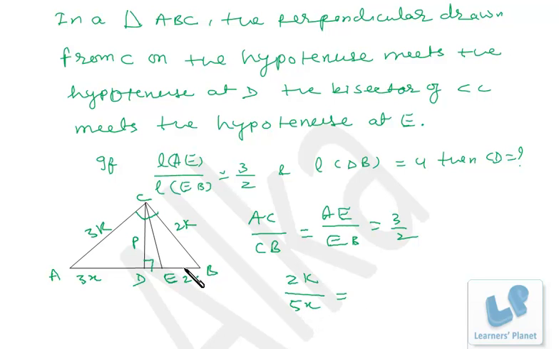In the smaller triangle, the side opposite to the common angle is P. And in the bigger triangle, the side opposite to the common angle is 3K. The third side in the smaller triangle is BD, and in the bigger triangle, since this is 5x and this is 3K, the third side will be 2K.